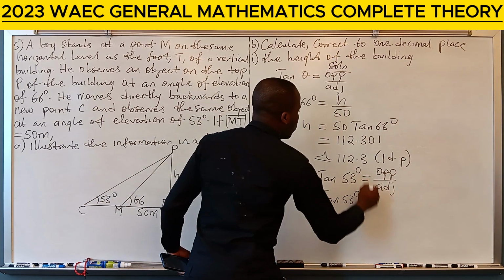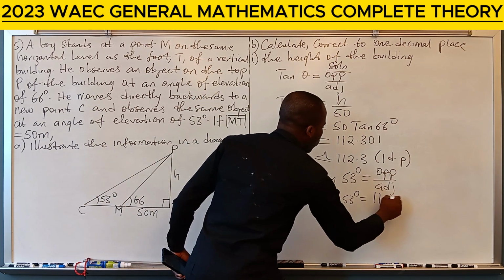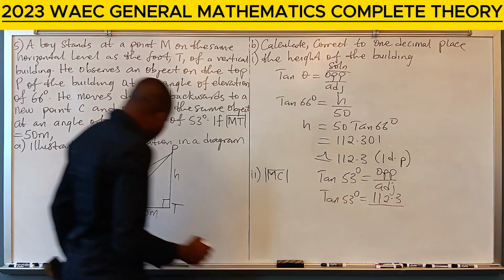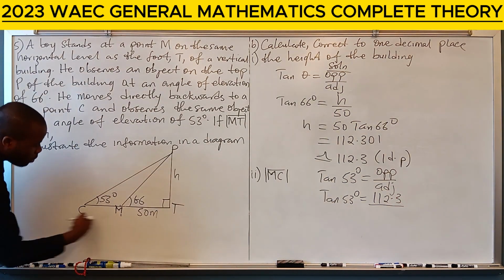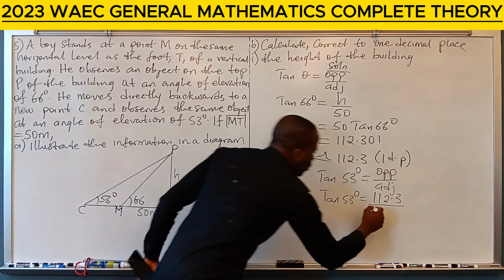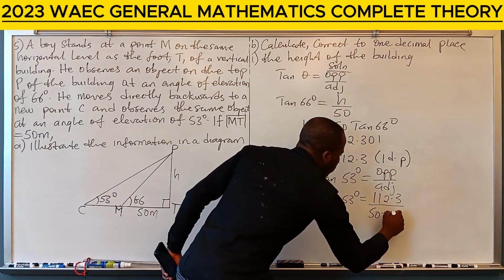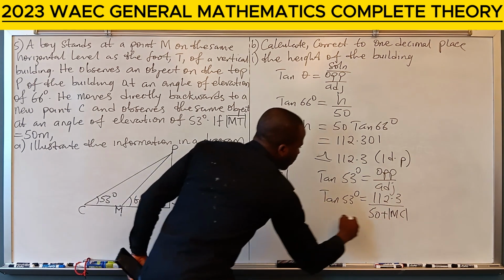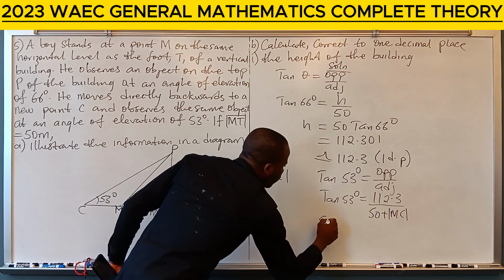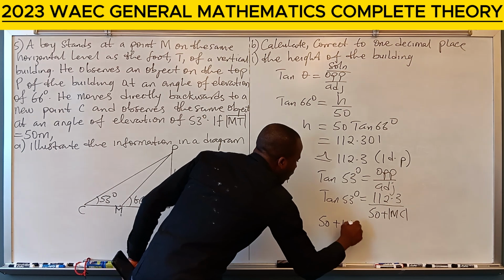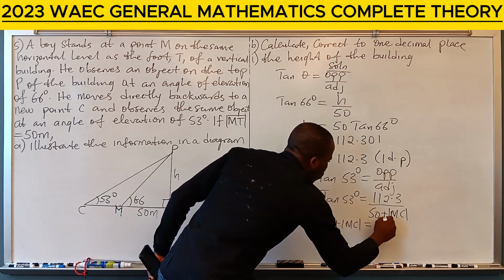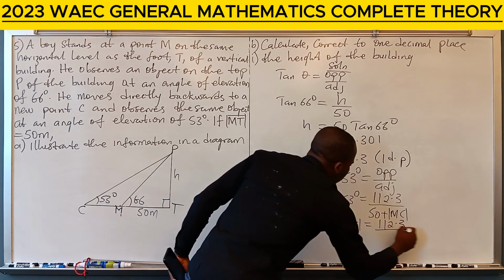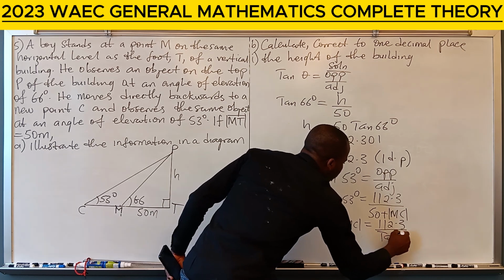Opposite is H, which we have gotten as 112.3. But our adjacent is 50 plus MC, line MC. We'll multiply and divide. We'll have 50 plus MC will be 112.3 over tan 53.